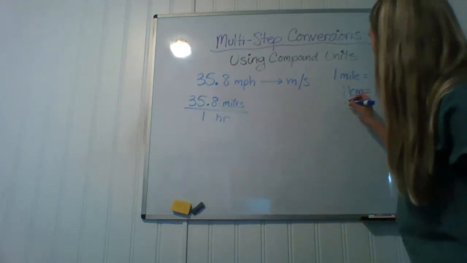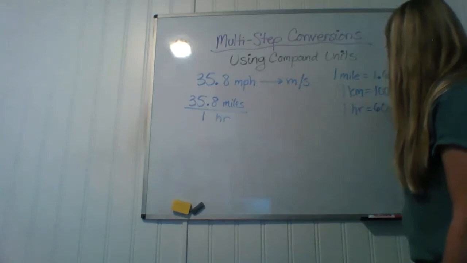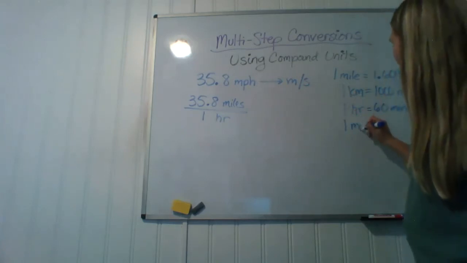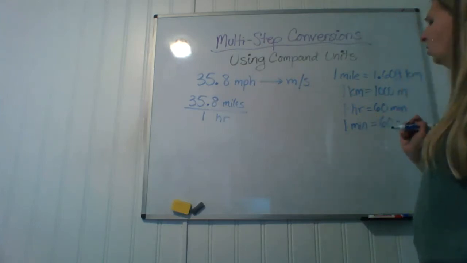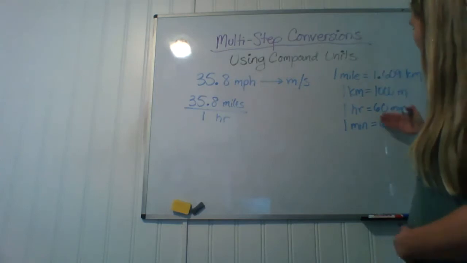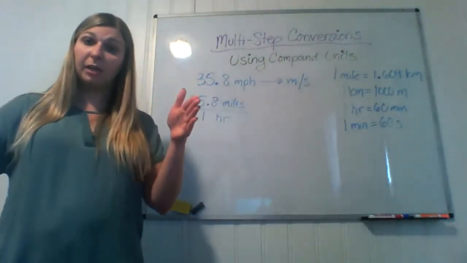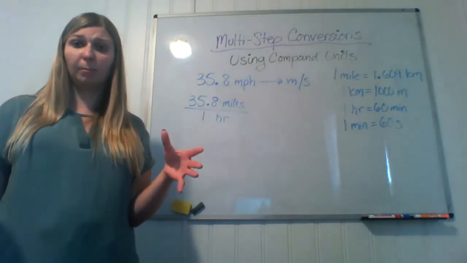So we know that 1 hour is equal to 60 minutes, and we know that 1 minute is equal to 60 seconds. Okay. So I want to set it up this way so that I can show you the multiple step conversions that we can make for this type of calculation.